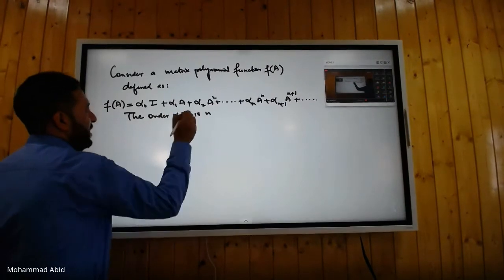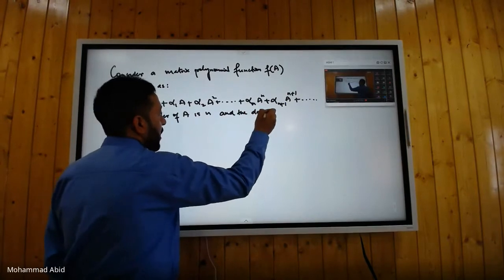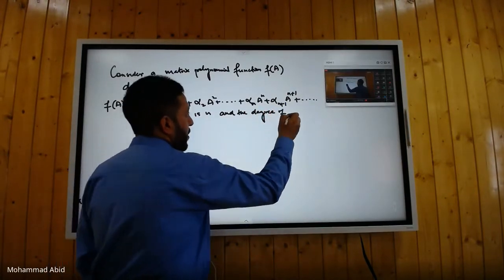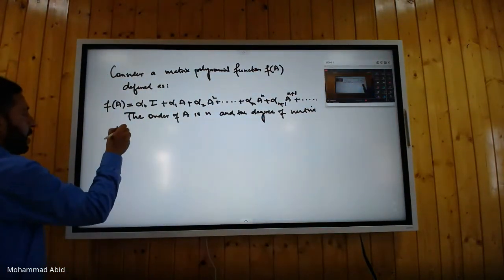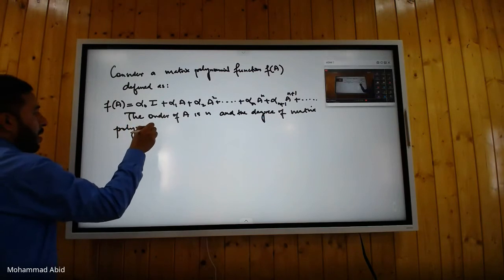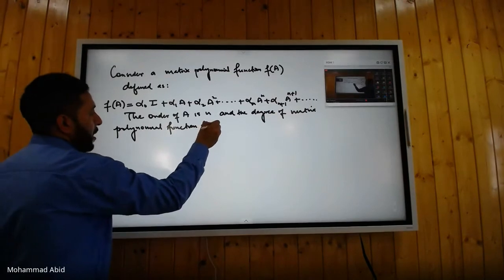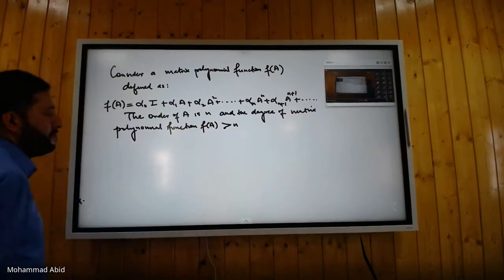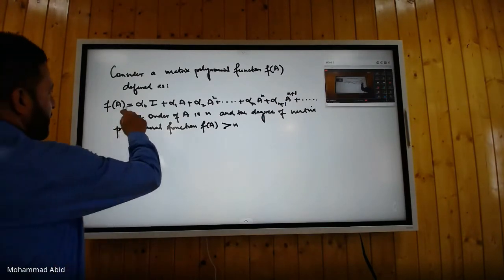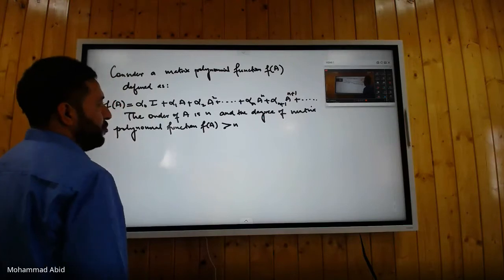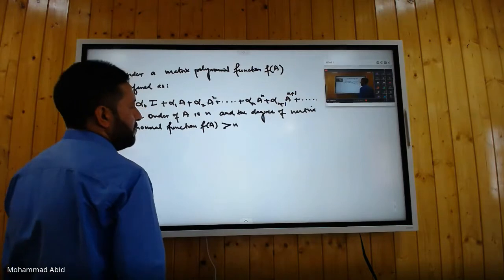The order of A is n, and the degree of this matrix polynomial function F(A) is greater than n. तभी मैंने ये वाली term यहाँ पे लिखी A to the power n plus 1 वाली. Is that clear?